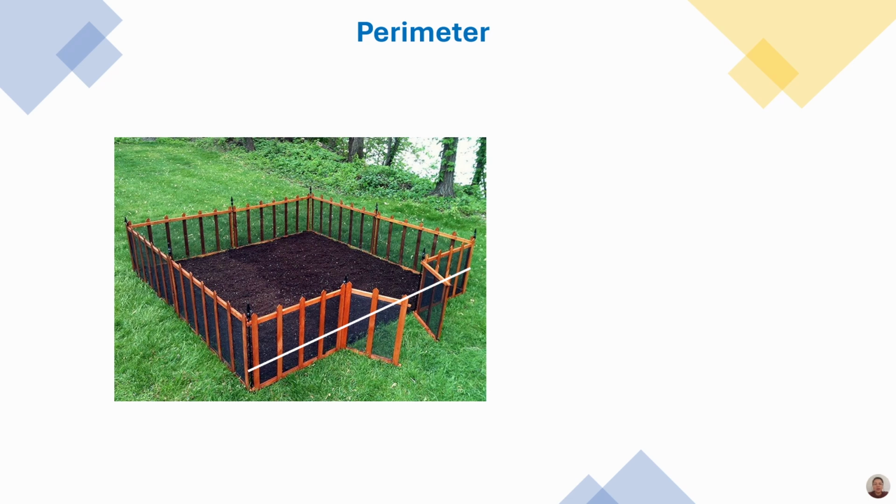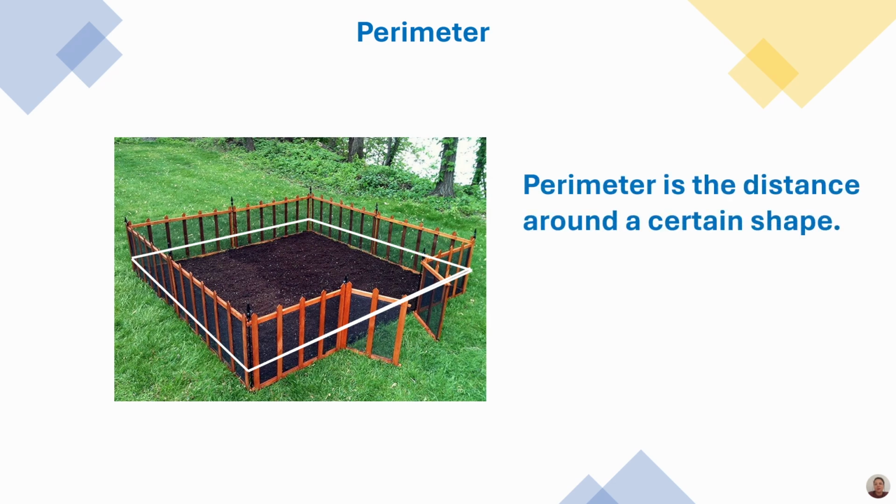So now we had to take a walk around the boundary of the garden and we had to measure the distance. Now that is what perimeter is all about. Measuring the distance all around the boundary of a certain shape. So, a proper definition of perimeter is the distance around a certain shape.